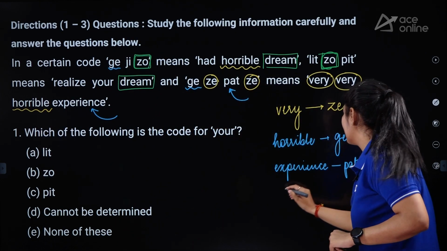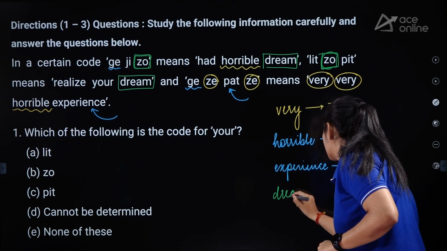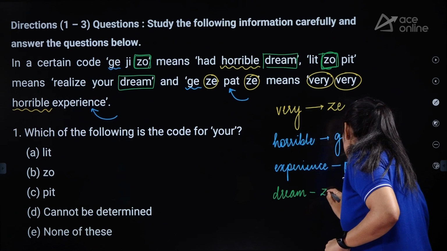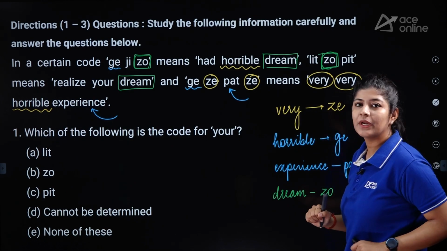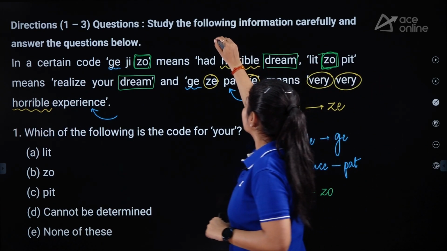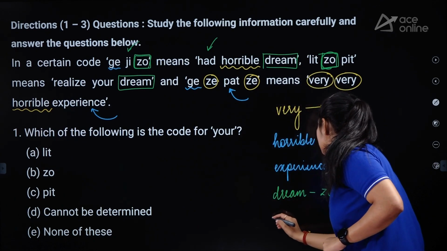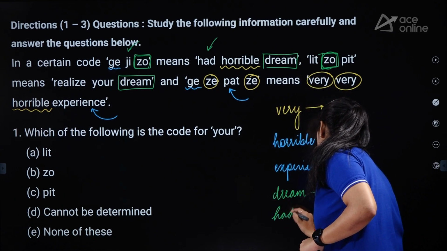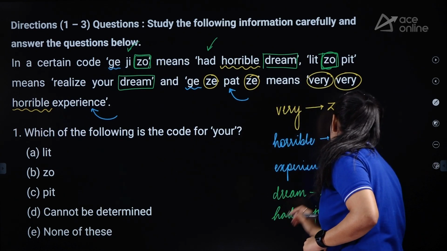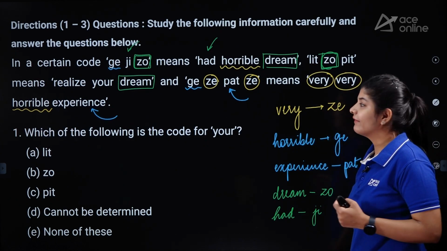So we can say that for dream, we are using zo. So here we are left with one word and again one code. So we can say that for had, we are having JI.